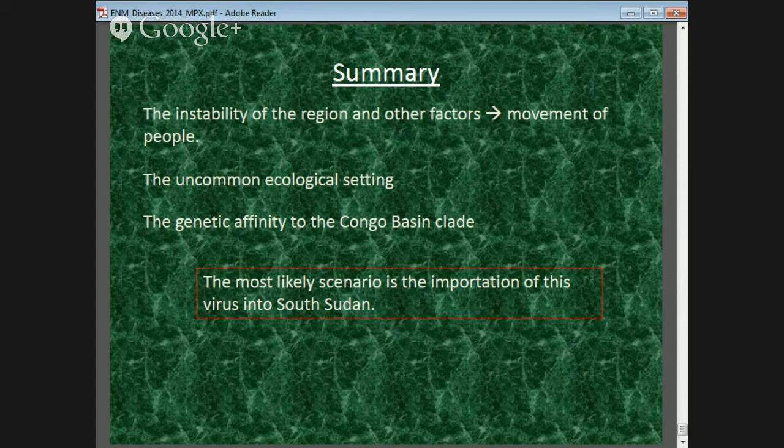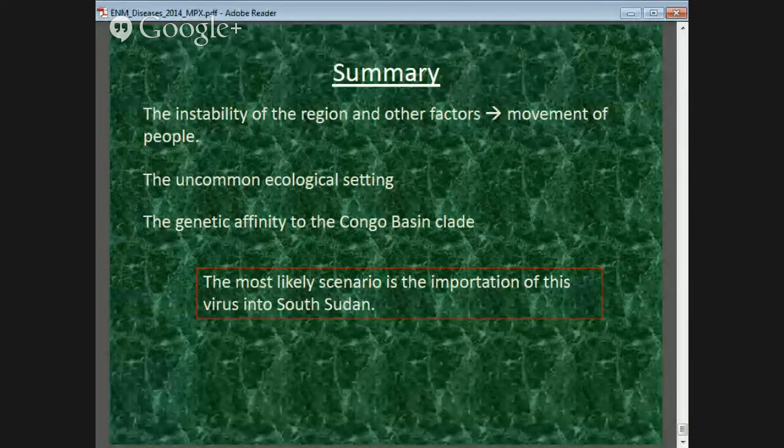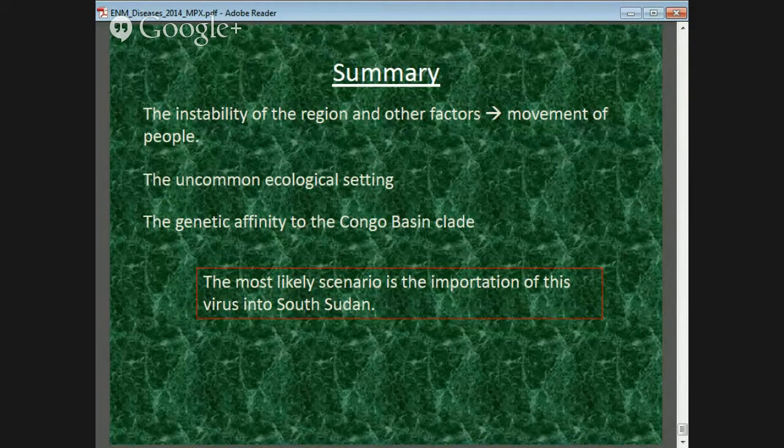Our most likely scenario for this outbreak was an importation event of the monkeypox virus. That index case, which visited the doctor in the first place, was probably infected somewhere in DRC and then moved very quickly to Nuria and caused that outbreak in southern Sudan.